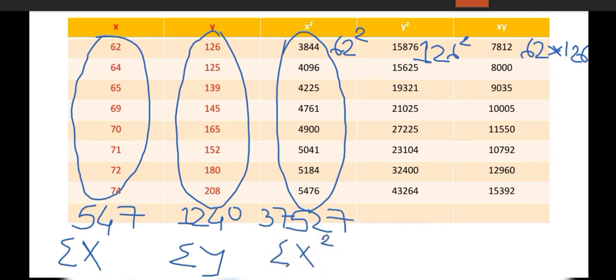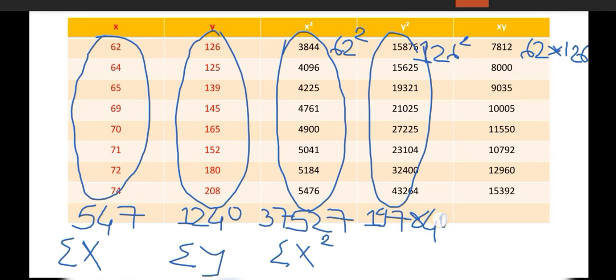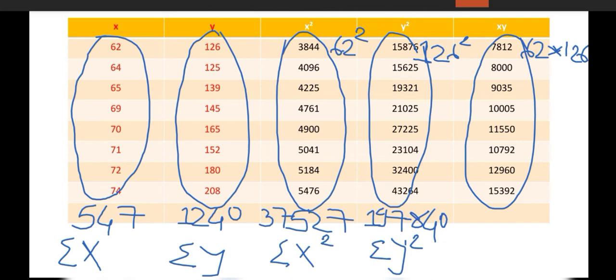This is our sigma x square. And on adding all these values, we are getting 197,840, which is our sigma y square. Add these values to find sigma xy, which comes out to be 85546.